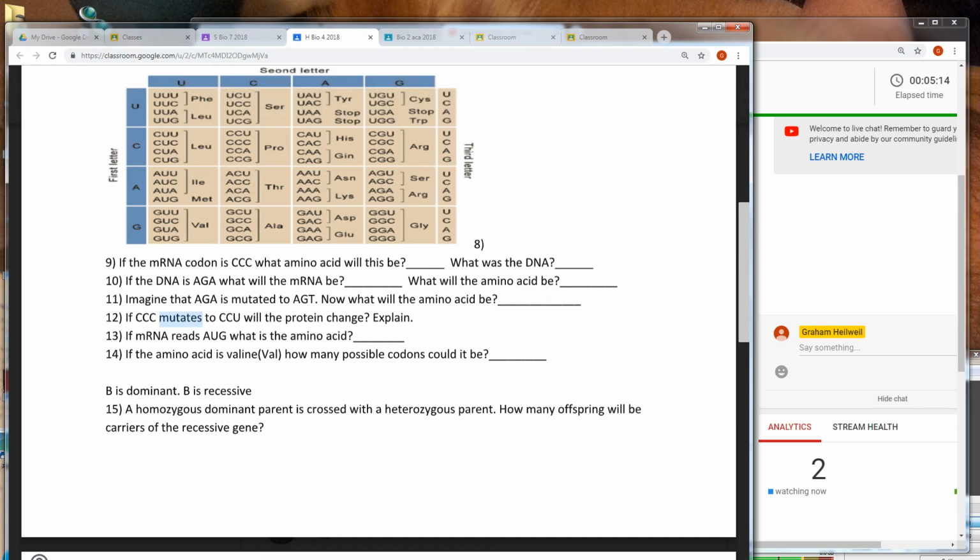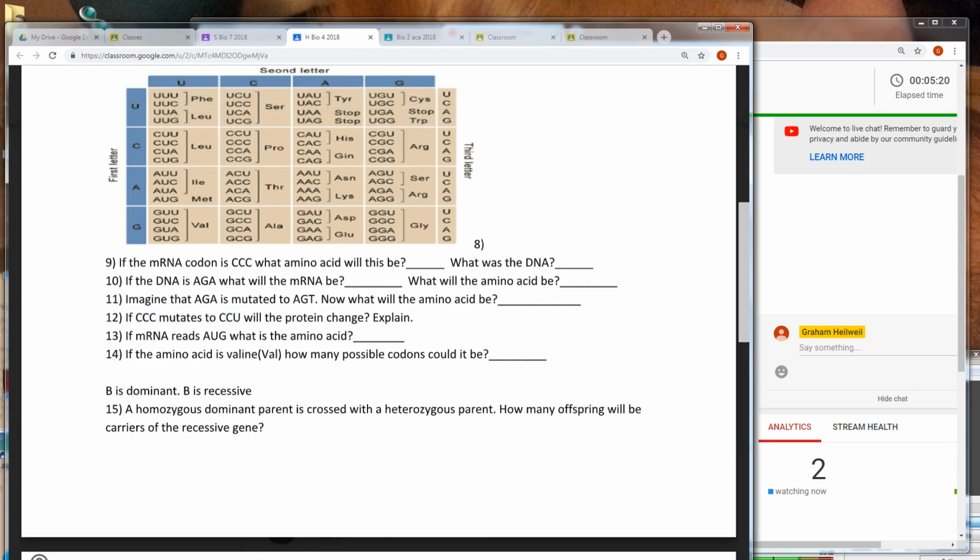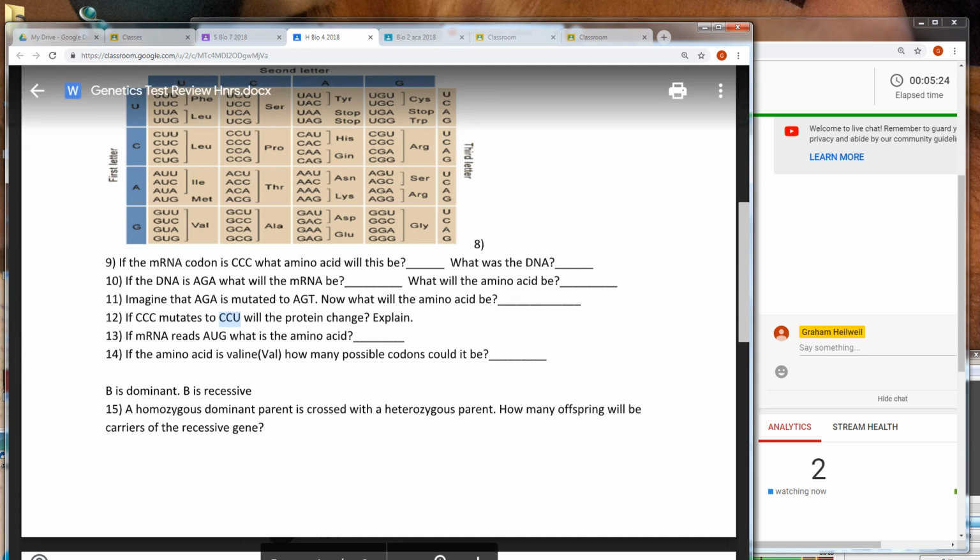I was trying to be a little tricky with the wording, but it doesn't really work for mRNA. But you do have to figure out that this is mRNA based on this fact. Will the protein change? You'll get CCU, Pro. No, it didn't change. It's the same exact thing, whether it's CCC or CCU, which you can see right there. Sometimes amino acids work for similar, even if it's not the same base sequence.